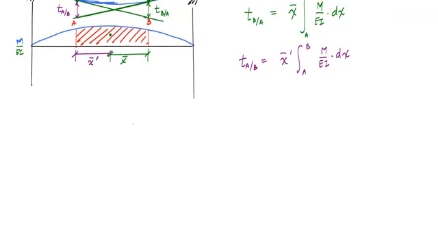I'm going to draw an exaggerated deflected shape, and here is point B, point A. Where this comes from is the idea of shallow curves. We call this distance right here dx, and we neglect the slight curvature that it actually has. If you recall from mechanics of materials, you derived a relationship for the curvature of a beam based on the geometry.